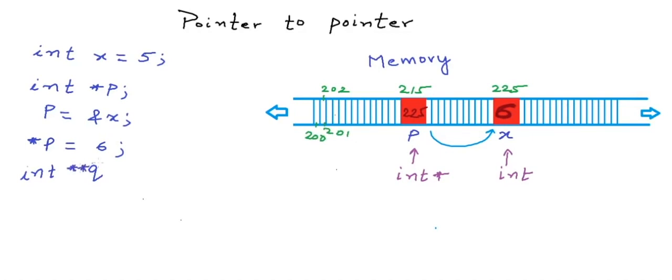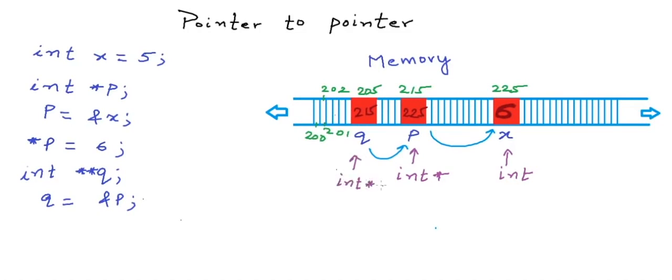We will put 2 asterisk signs in front of the variable name, and now this variable q can store the address of p. So with this first line, with this int asterisk asterisk q, we created q. Let's say we created q at 205, and now we are saying that q will store the address of p. So q points to p, and the type of q is int asterisk asterisk.